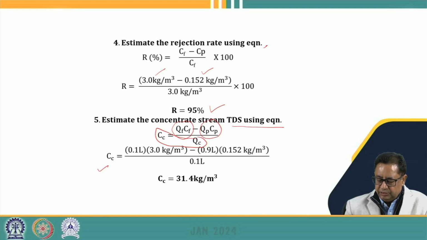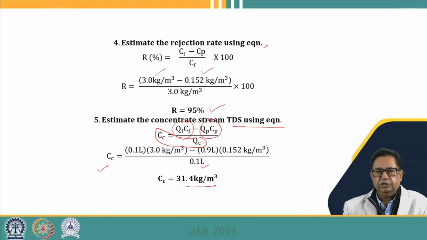The Q feed is around 1 liter, whereas the CF is around 3 kgs per cubic meter, whereas the QP, that is the flow of the permeate, is around 0.9 liters, and we are getting here the QC around 0.1 liters, and we can get a concentration of the TDS in the concentrate of around 31.4 kgs per cubic meter. So it is really very high.